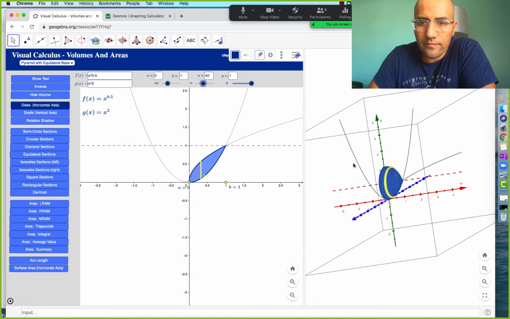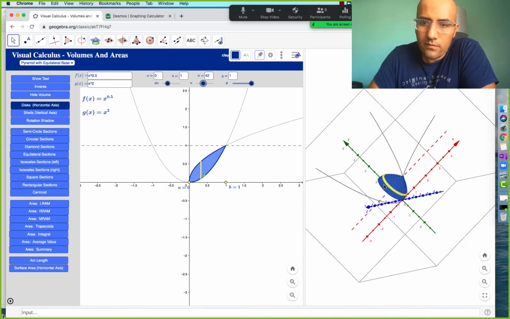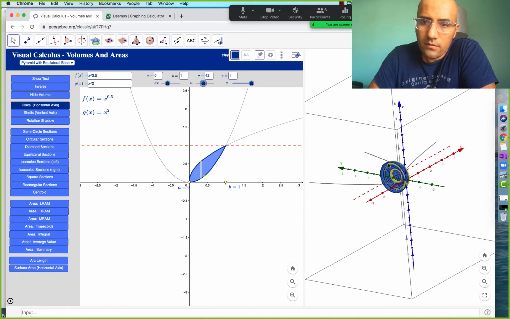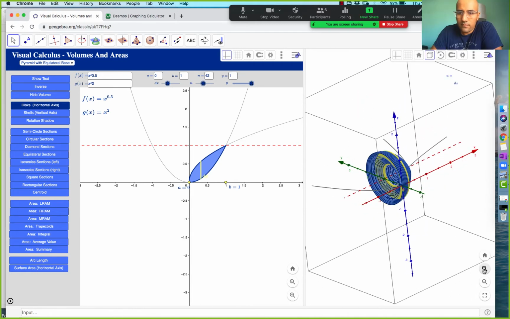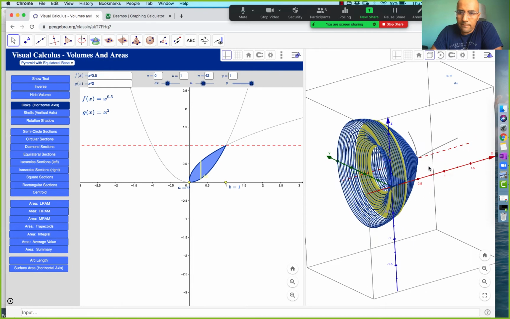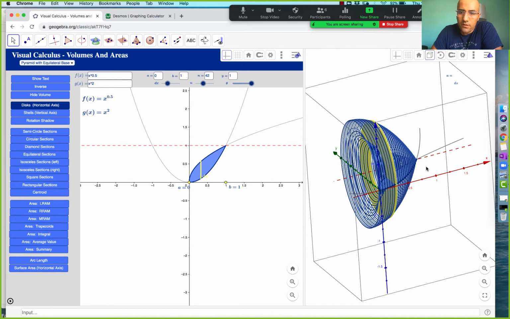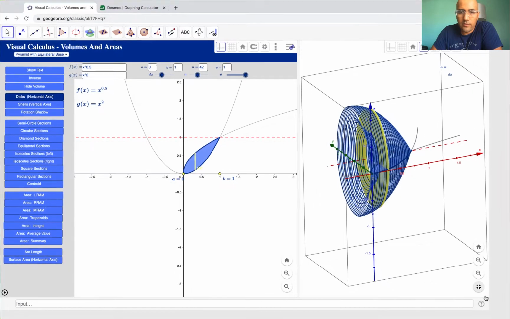That looks a little bit better. Okay, so the green. Oh, you know what? Let's see if I can. It looks better once I do that.